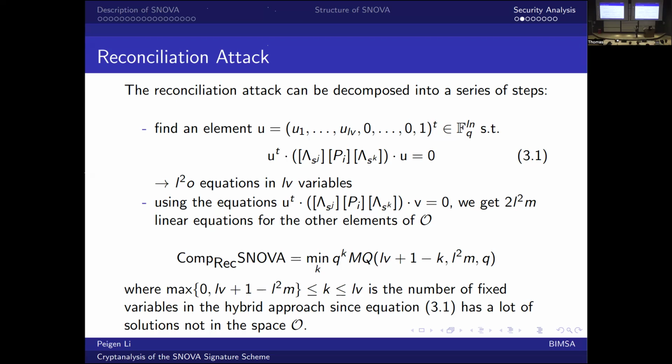Because of the parameters given by SNOVA, there are many variables, more than the number of equations. So there are many solutions of 3.1, and not all of them are oil elements. So we need to try one by one. If we find a solution, we test whether it is an oil element.